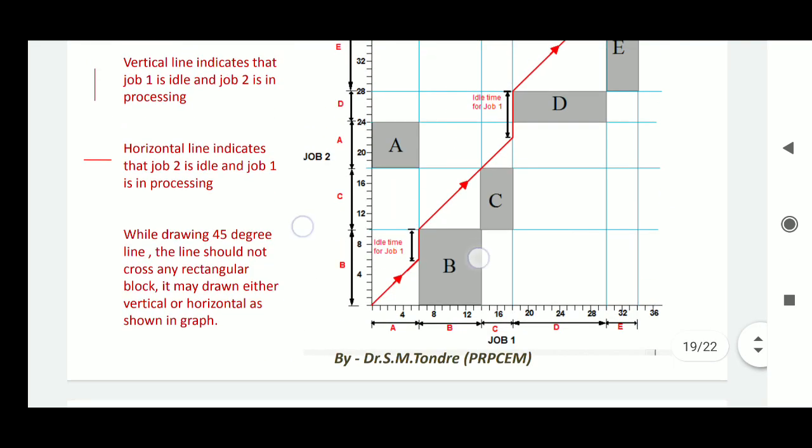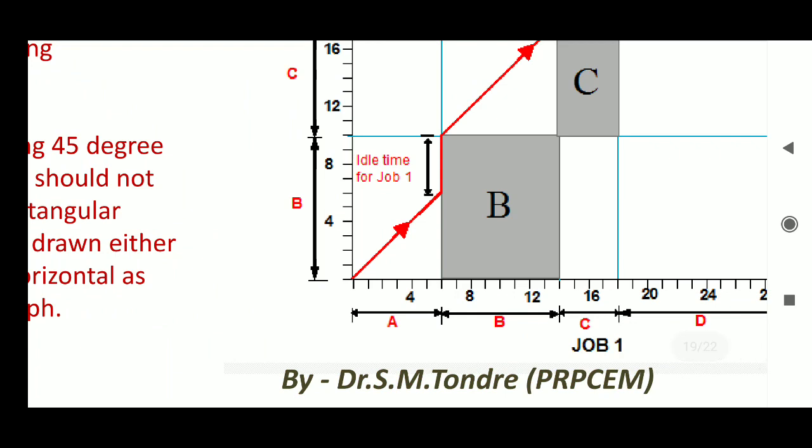Plus here at this point, by observing the vertical line, you can see that job 1 remains idle for 4 hours. The time scale is represented on the y-axis, so from the y-axis you can measure the time in hours.